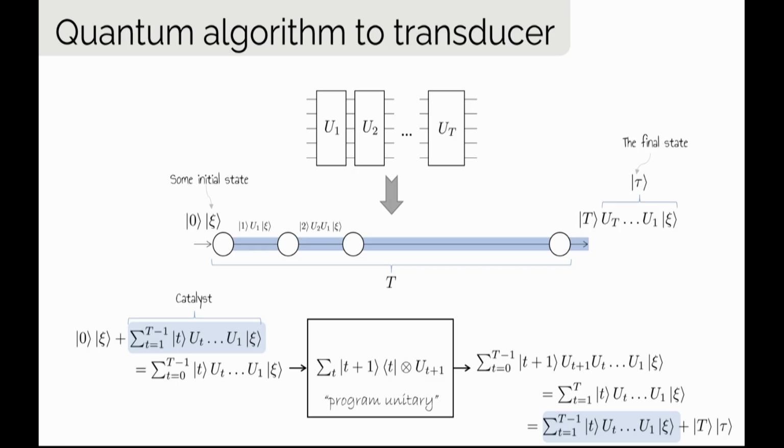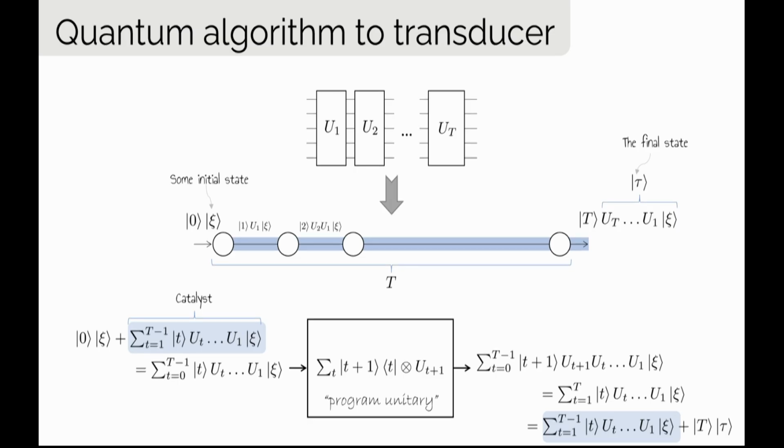It isn't that anything is happening in the real world, but it's an important mathematical statement for analyzing transducer algorithms. The reason we take the catalyst and the initial state is that this box is actually the transducer, and a transducer is always just a unitary. If you apply the transducer to this vector, it's not a state, it will preserve the catalyst, and instead of the initial state, now you'll have the final state.